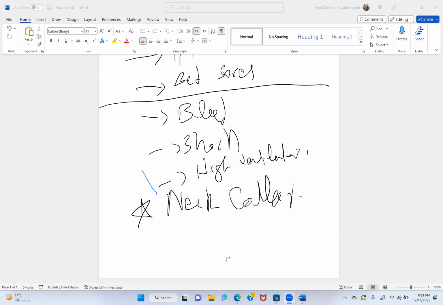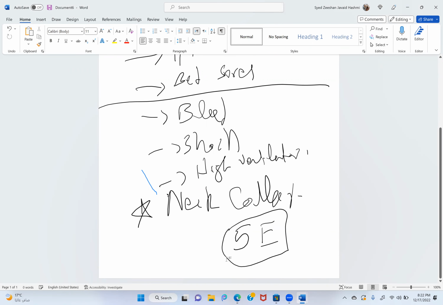But usually, if for example you are losing the patient, and there is a possibility that if you do that surgery, maybe there is a chance that the patient can survive or improve, definitely they will try to do it, but that will be considered as 5E. Okay. You will consider that patient as 5E.